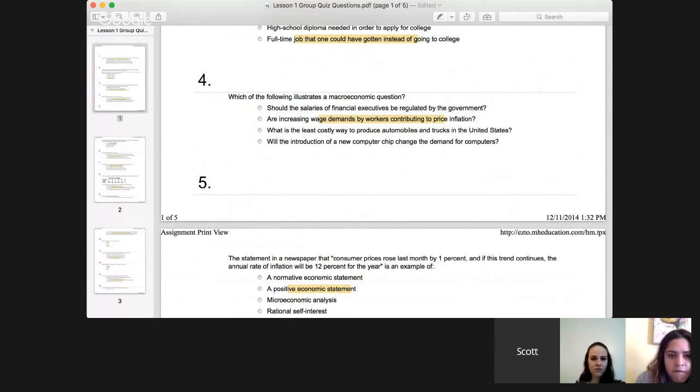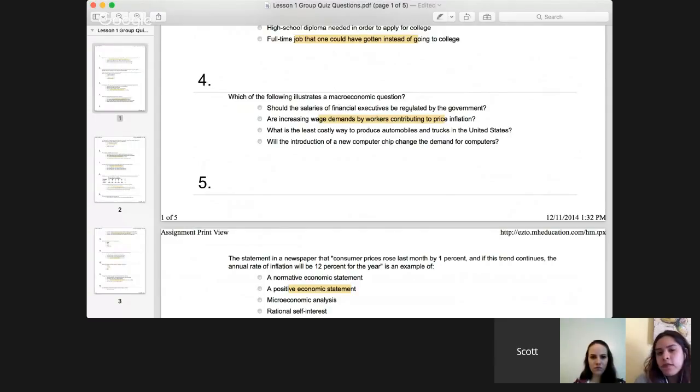Which one did you say, sorry? B for 4. Okay. Increasing wage demands by workers contributing to price inflation. My only question with that one, I wasn't sure why. The other option I would think is A, increasing wage demands by workers.